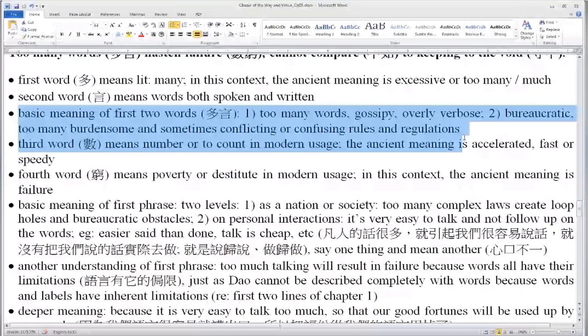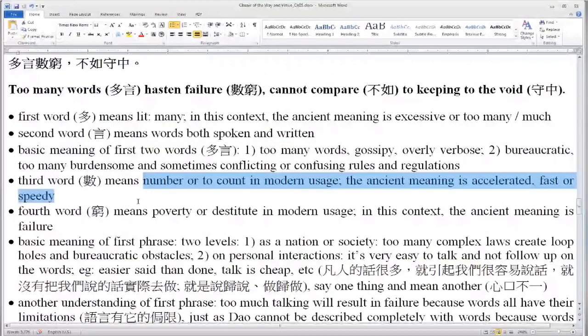Then the third word, 数, means number, to count. 数学 is the study of math, arithmetic, mathematics. That's the modern usage. But what's the ancient meaning? That's very important.